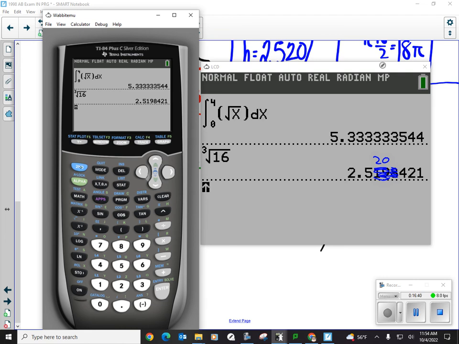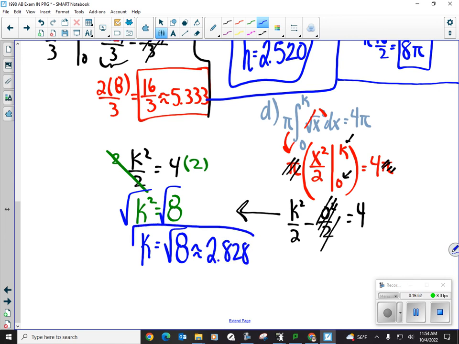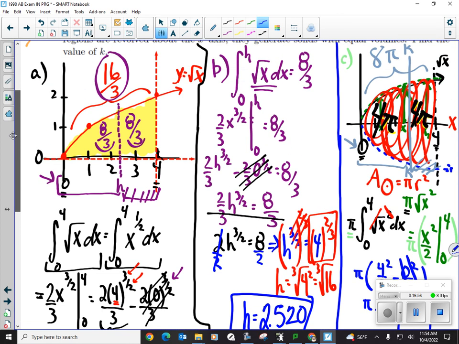So I'm going to just take the square root of 8 and get approximately 2.828. There you go. That's the answer. This is actually closer to 3 than it is to 2, 2.828. It's good.